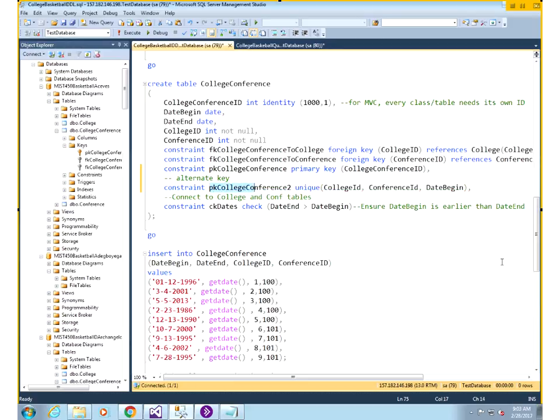So what we want to do is, since it's an alternate key, I'll just call it something like alt key.